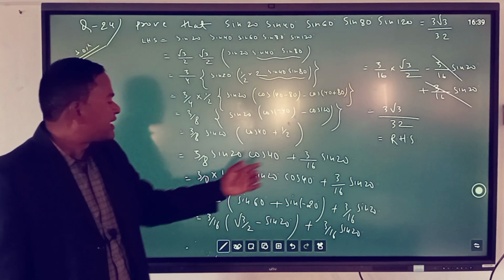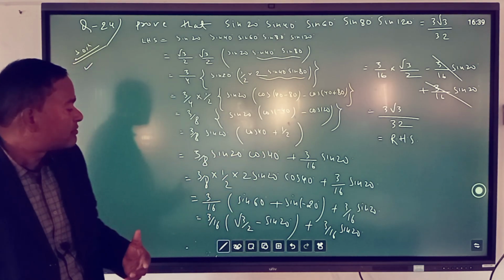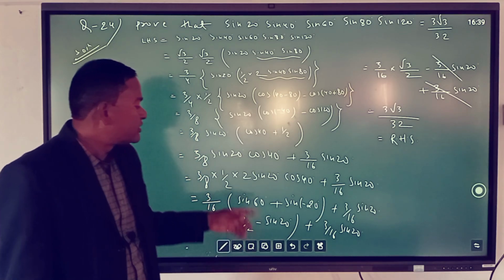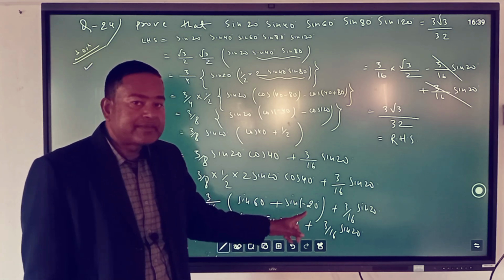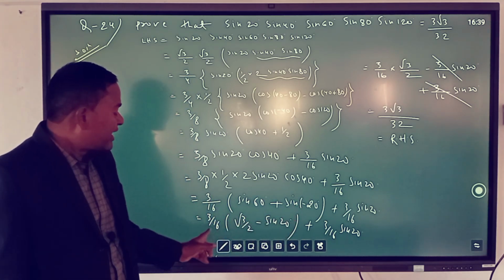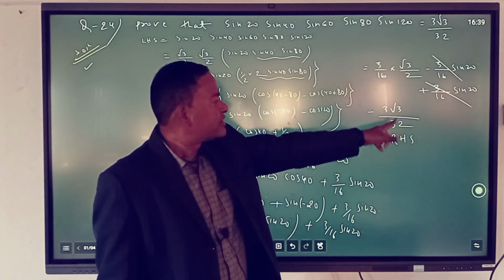Again, if we open the bracket, then sin 20 and cos 40 are in the product form, so we have to multiply by 2 and divide by 2. We know that 2 sin A into cos B means sin A plus B plus sin A minus B. Then if we open the bracket with 3 by 16, we get the answer 3 root 3 divided by 32.